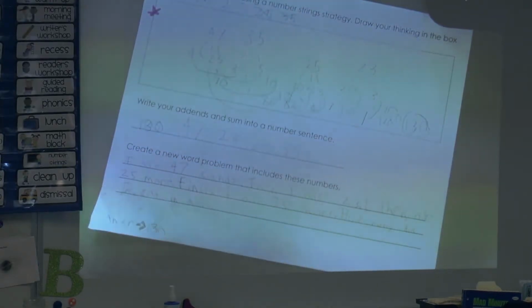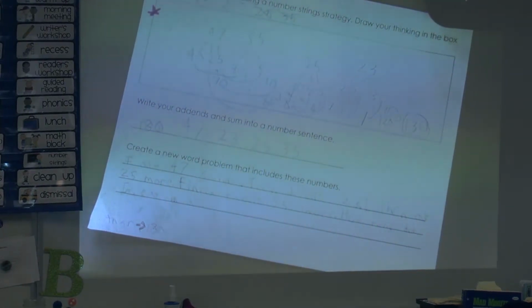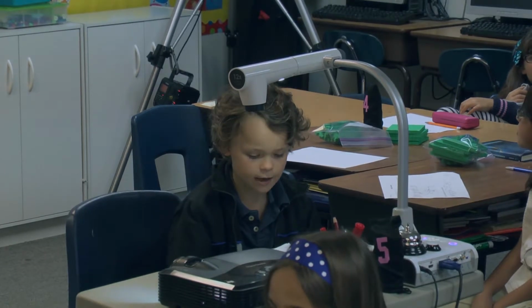So I started out with the biggest numbers, which was 47 and 35. I split the 47 into 42 and 5, and the 35 into a 30 and a 5. I split the 7 into 2 and 5, so I could cancel out the 5s and make a 10.